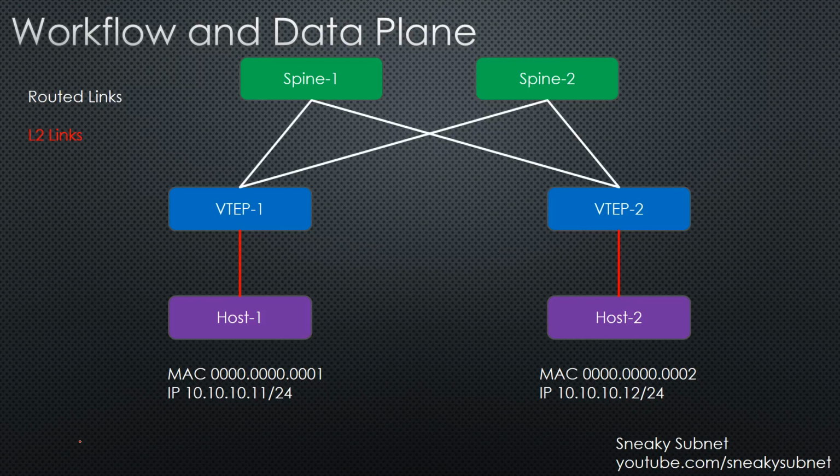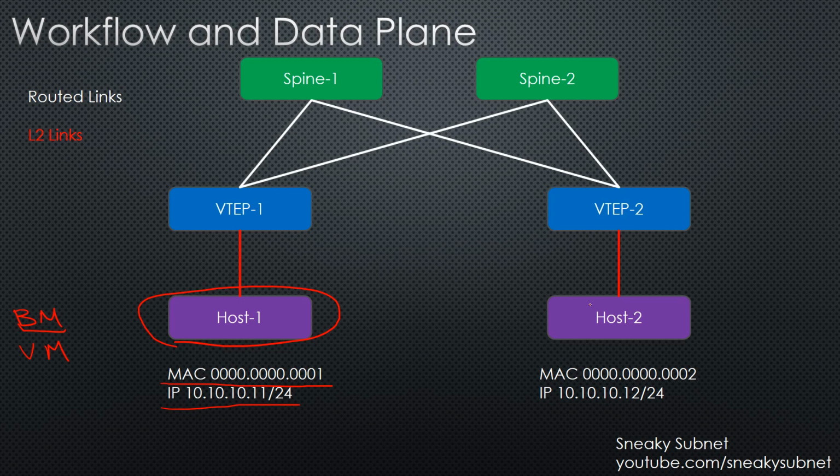So what do we have here? We have host number 1 with MAC address 1 and IP 10.10.10.11/24. So it could be our bare metal server, it could be our VM, it doesn't really matter. Let's pretend that it is a physical bare metal server running, I don't know, Windows or Linux, again, it doesn't really matter.